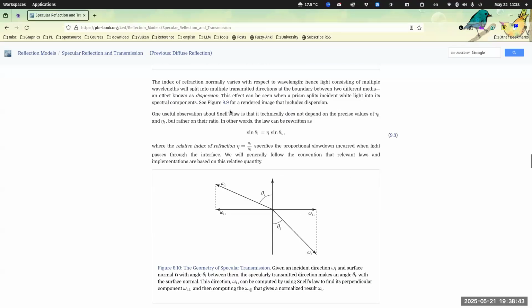One useful observation about Snell's law is that it technically does not depend on the precise values of those IORs, but just on their ratios. I think that's what Ray Tracing in One Weekend does. It does not model light transport between two different materials with different IORs. It always just models air and other materials, so it's always using one value instead of two.